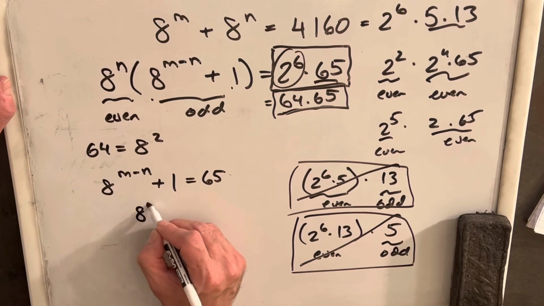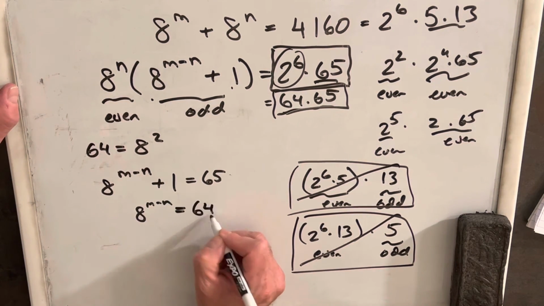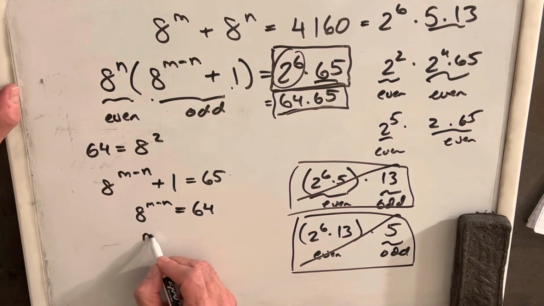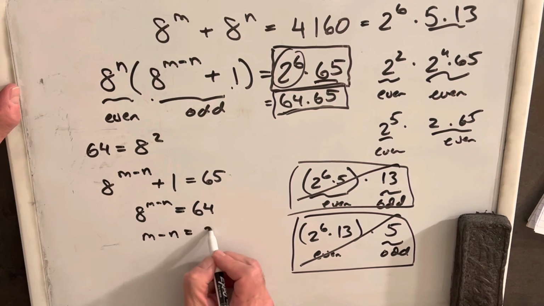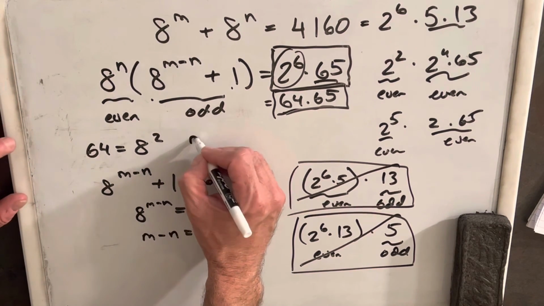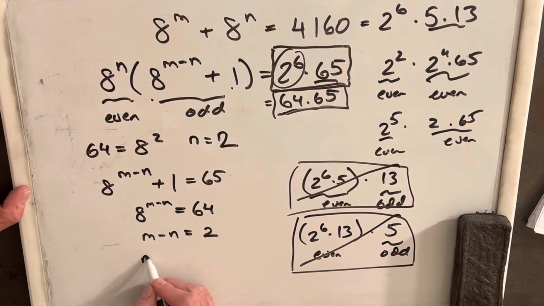But we can subtract a 1 from both sides and get 8 to the m minus n equals 64. But then 8 squared is 64, so then we're just saying that m minus n equals 2. We already determined up here that n equals 2. So that means we're saying m minus 2 equals 2, so therefore m equals 4.